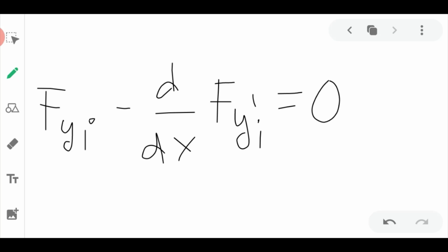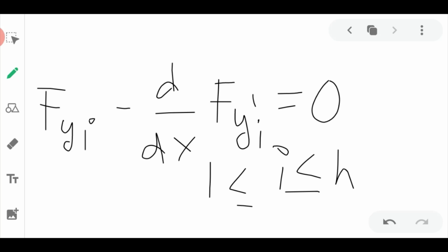This is basically a system of n second order differential equations, and its general solution will have 2n arbitrary constants. Let me remind you that i goes from 1 to n. So how will you determine the 2n arbitrary constants? With the help of the boundary conditions. There are 2n boundary conditions, and they will determine the arbitrary constants.